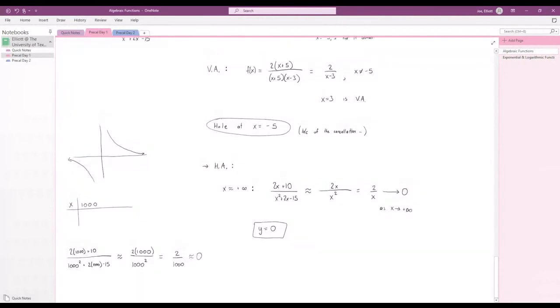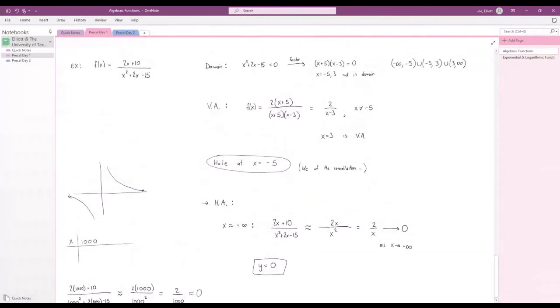So in all the examples I've done so far, I've been looking specifically at rational functions, okay? For these rational functions, you can base the horizontal asymptote off the degrees of the numerator and denominator.